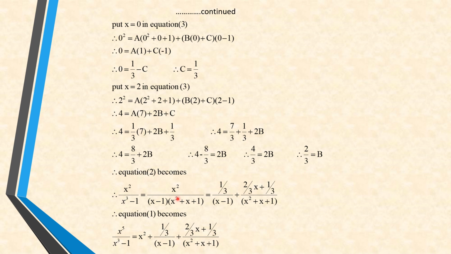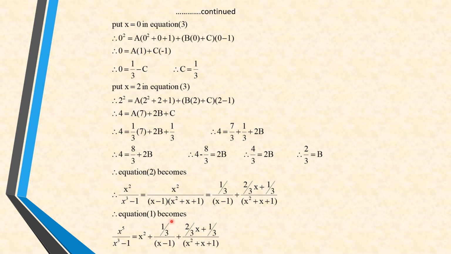Now put the values of A, B and C in equation 2. This is equation 2 giving you the proper polynomial fraction. x squared upon x cubed minus 1 equal to x squared upon (x minus 1) into (x squared plus x plus 1), which is equal to A, meaning 1 by 3, upon x minus 1, plus Bx, meaning 2 by 3 x, plus C, meaning 1 by 3, upon x squared plus x plus 1.